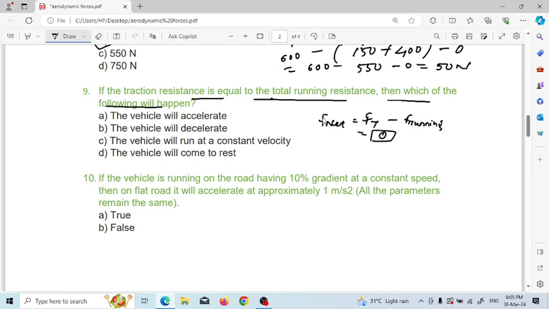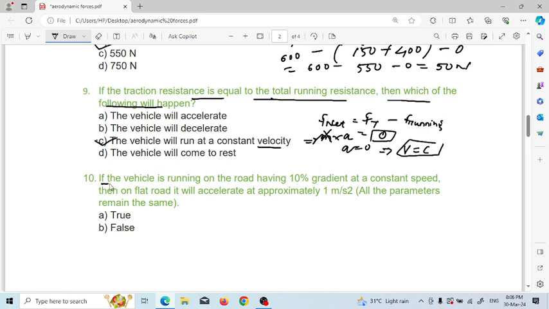F net we know is mass into acceleration. As mass can't be 0, acceleration will be 0. When will acceleration be 0? When velocity is constant. So the vehicle will run at constant velocity. The answer will be option C for question number 9.